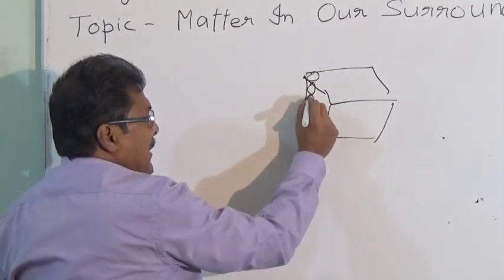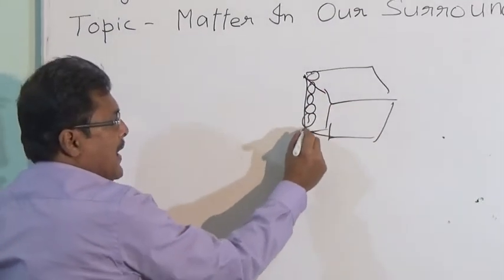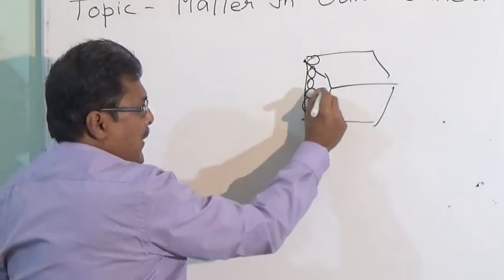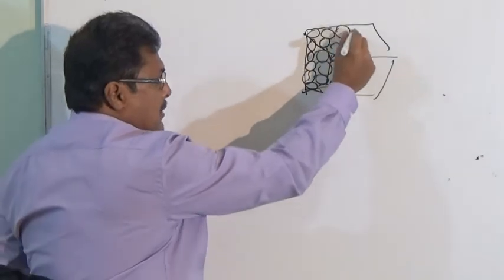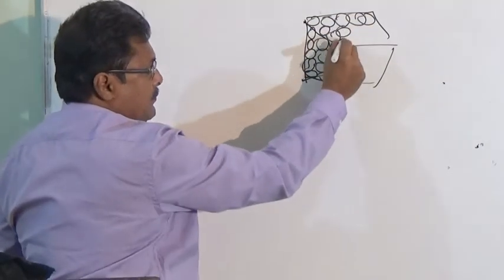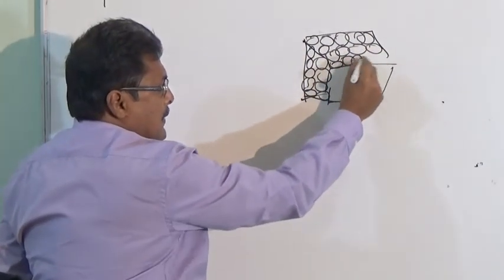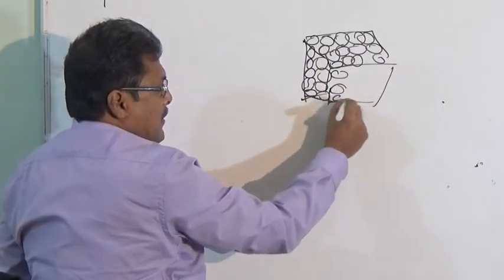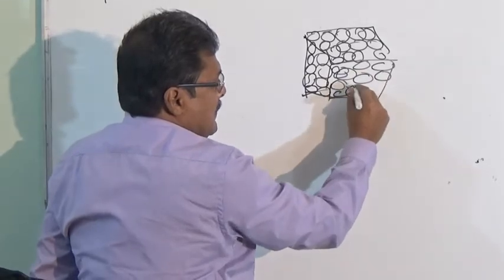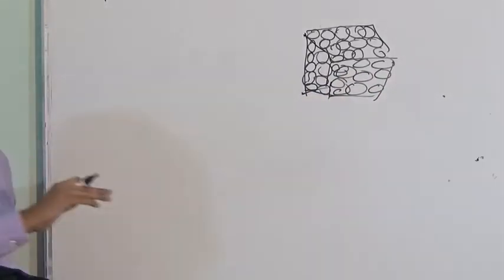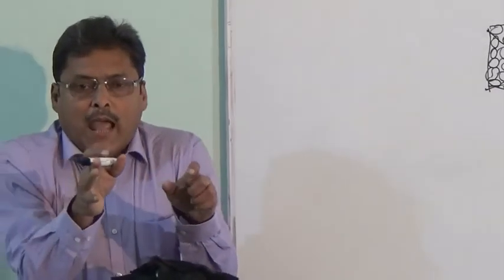The particles of these solid substances have almost no space between them. So they are tightly packed. So in solid substances, there is a fixed form and fixed shape.